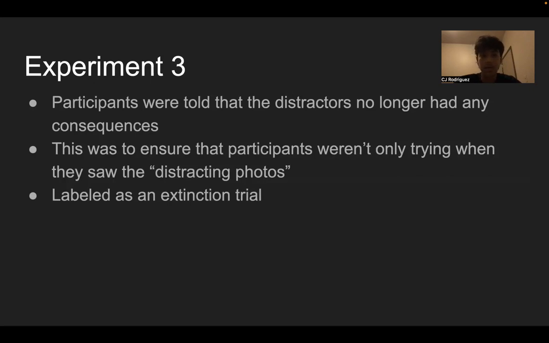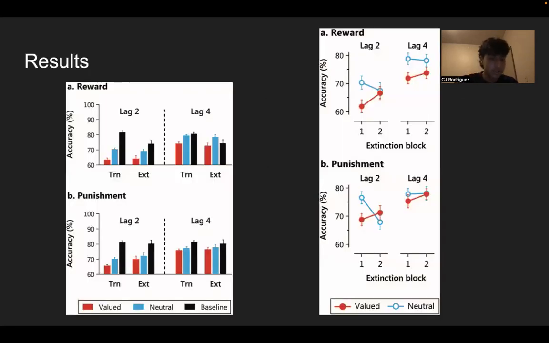And so they ran a third experiment where they were told that the distractors no longer had any consequences, so there would still be the distractor, but it wouldn't affect their payment, because basically they were getting paid on how accurate they were. This was labeled as an extinction trial. The extinction trial is when they were told that the reward and punishment were not being used.